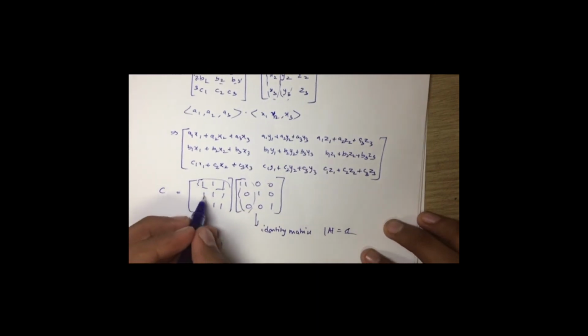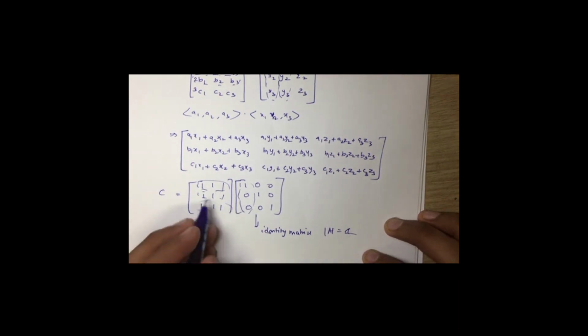So now when we multiply this, we see here A1, A2, A3 are 1 1 1 respectively, B1, B2, B3 are again 1, C1, C2, C3 are 1. Now when we multiply them, we get 1, because 1 into 1 is 1, and then it's 0, so it cancels out this and this. And when we take this row and this column, we get 1 again. Again, everything cancels out to 0, and this again, so it is just 1.